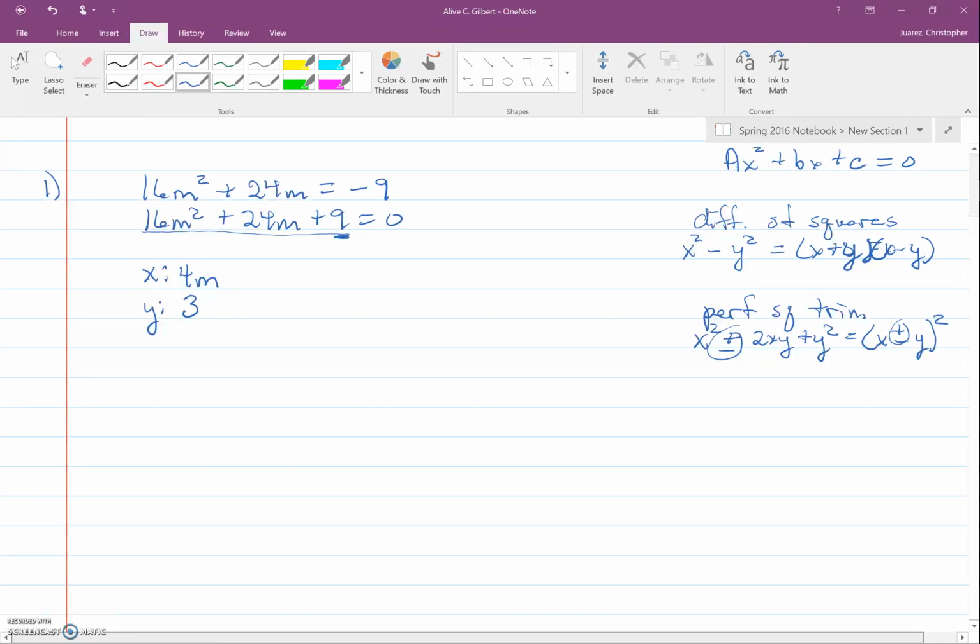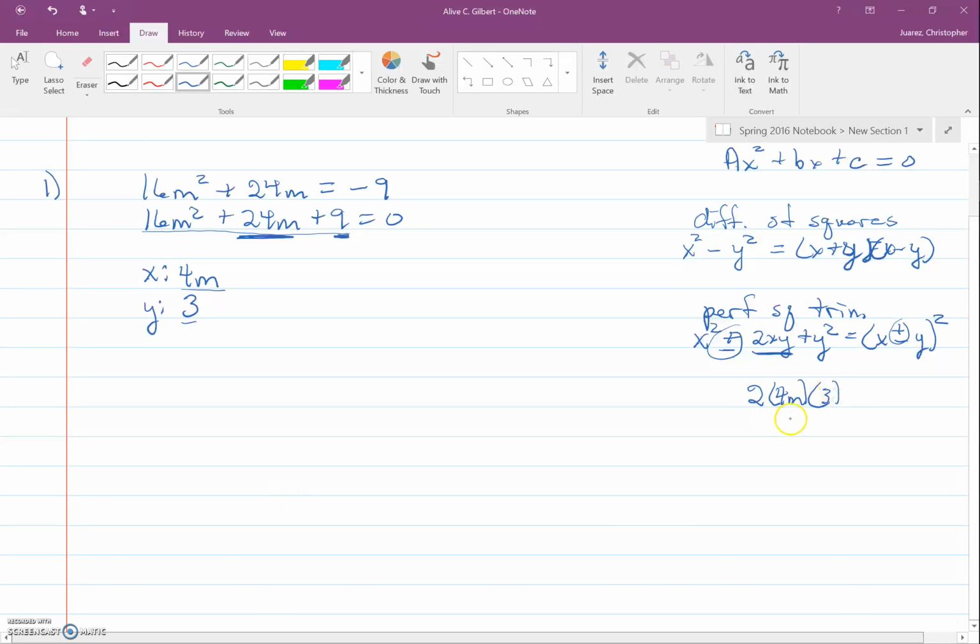Now remember, unlike a difference of squares, where I'm done now, I have to still make sure it works for my middle term. My middle term is a 2 times an x times a y. Well, that's 2 times my x, which is 4m, and my y, which is 3.